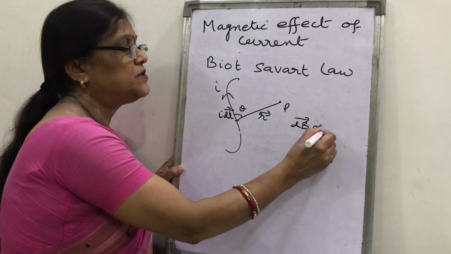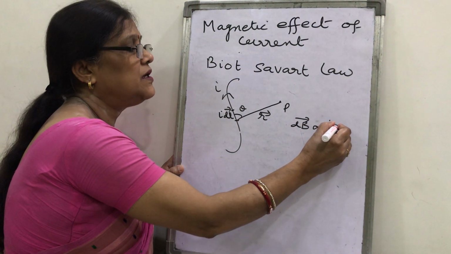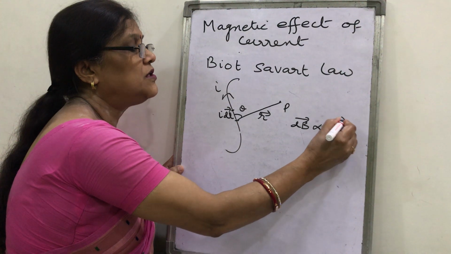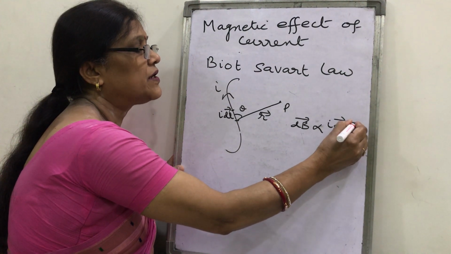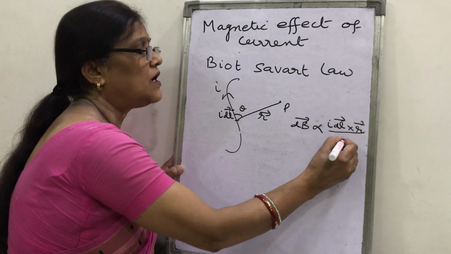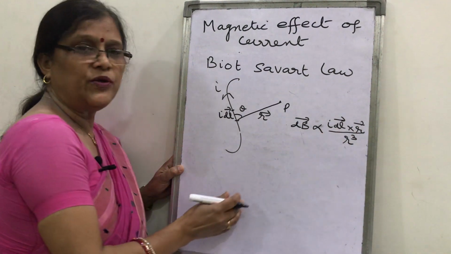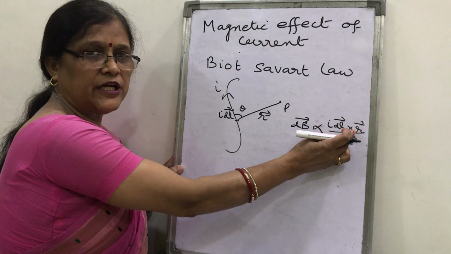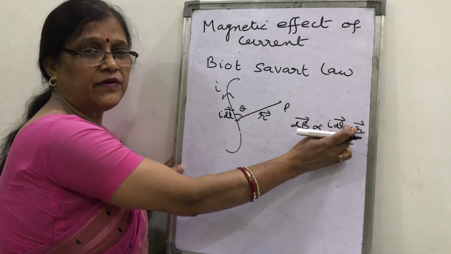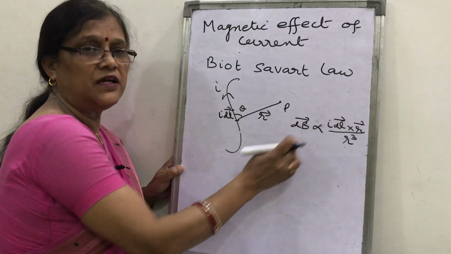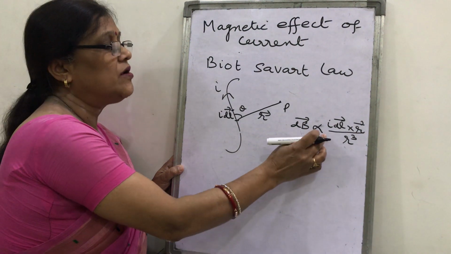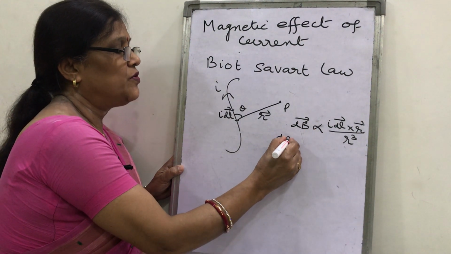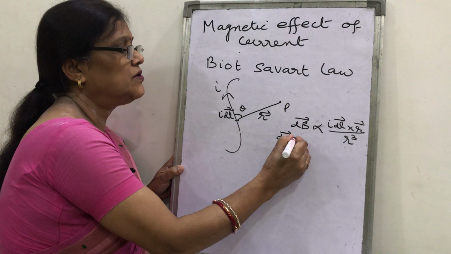It has been observed that this dB is directly proportional to the cross product of the vector, that is I dl cross r upon r cubed. You know A cross B is AB sin theta into a unit vector. Here this is I dl cross r, and if you remove the proportionality constant, what will you get?